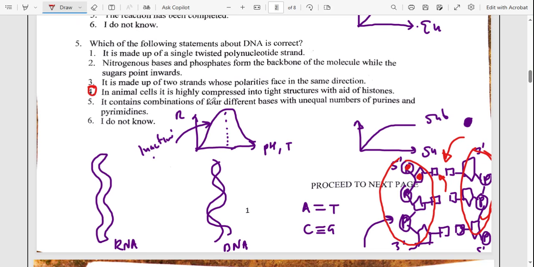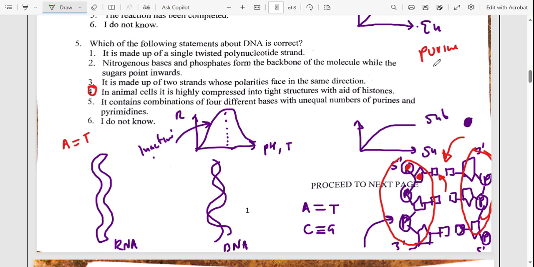Number 5 is saying it contains combination of 4 different bases with an equal number of purines and pyrimidines. This statement is false because you actually have equal number of purines and pyrimidines. For example, if you have got adenine, you're supposed to have thymine. Adenine, remember the purines. Purines, we can say pure as gold.